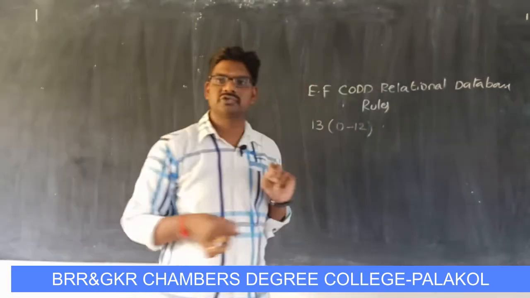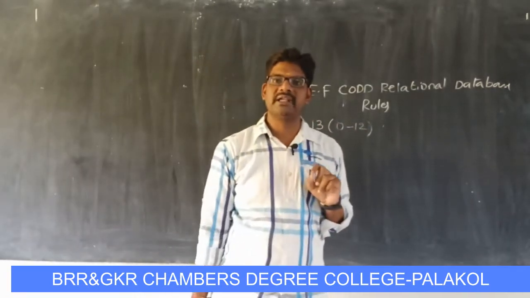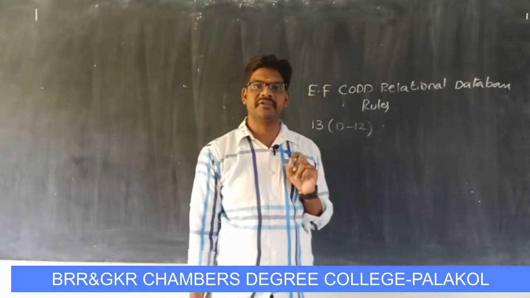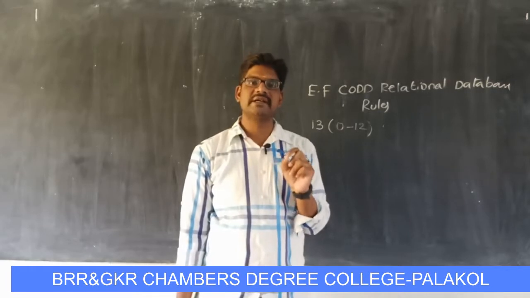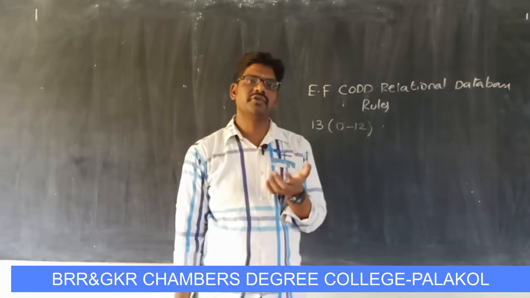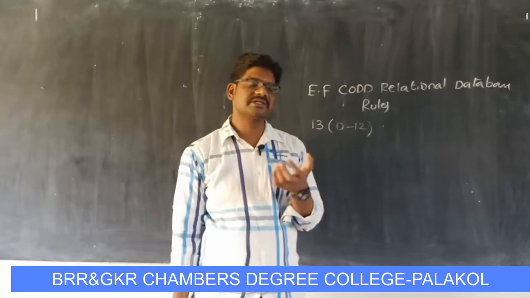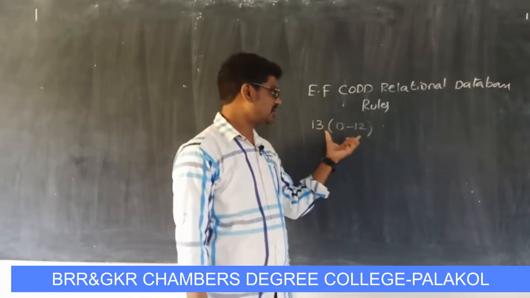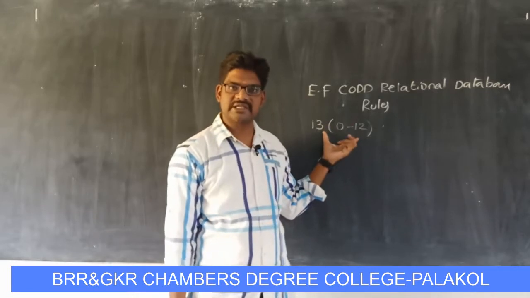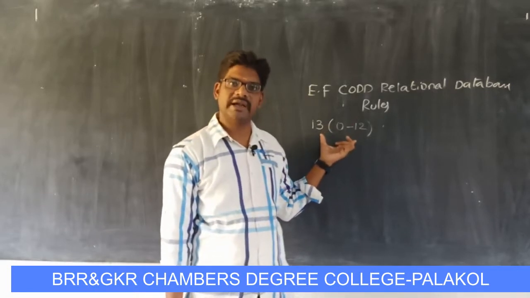They were proposed by E.F. Codd, designed to define what is required from a database management system in order to be considered relational. So every relational database must satisfy all these rules. Let us discuss each and every rule in detail.